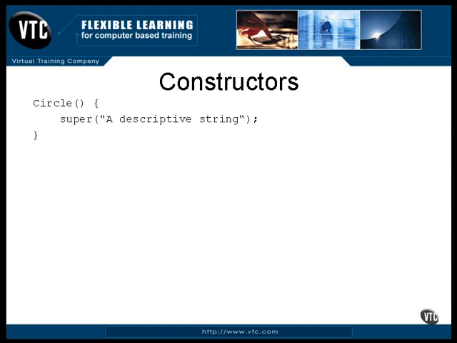Here you see a constructor with an explicit call to a superclass constructor that requires a descriptive string as the argument. You cannot create an object without calling a constructor, and the constructor always calls a constructor of its superclass. If the inheritance chain is 5 classes deep, then 5 constructors are called every time you create an object.